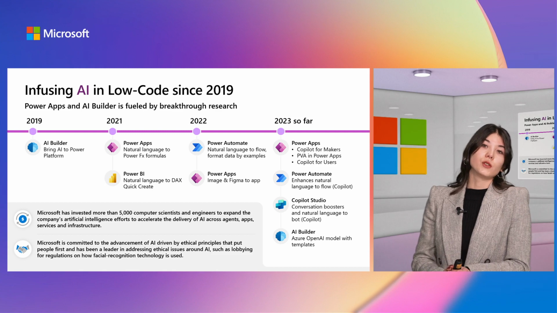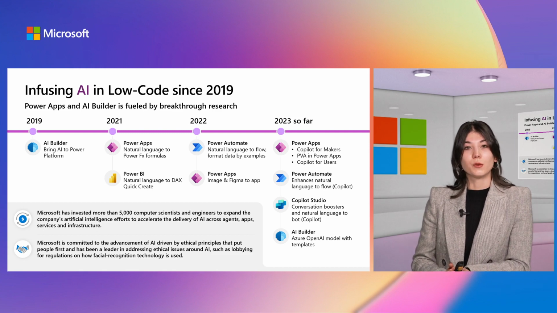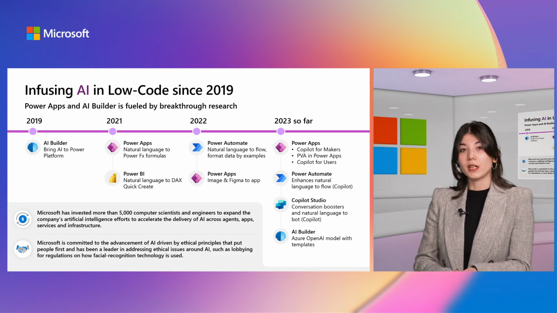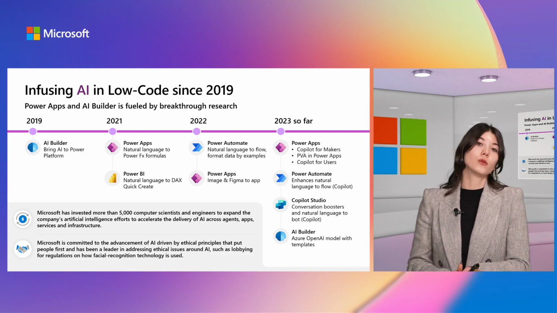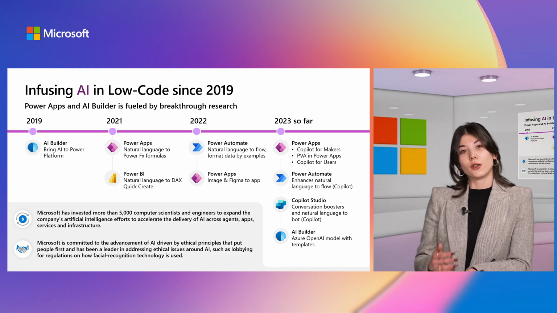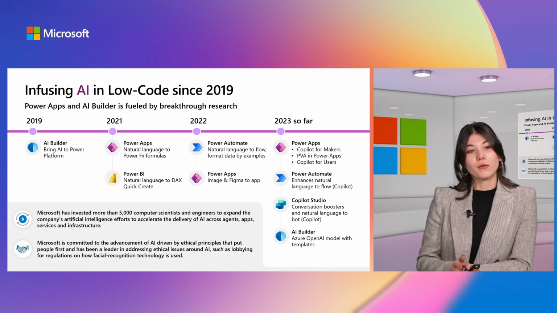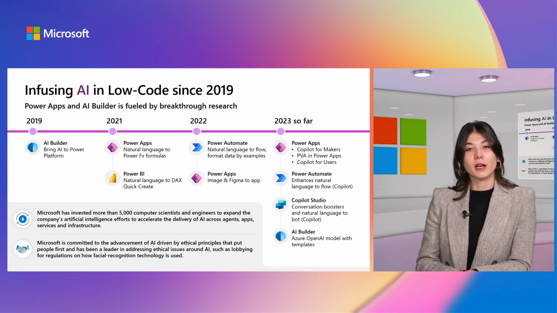Slowly, we progressed into natural language processing, and with that, you can describe in natural language what you would like your application to do, for example, or what you would like your automation to do, and our software will help you get quick started. And today, we're going to be focusing on the far right-hand side.